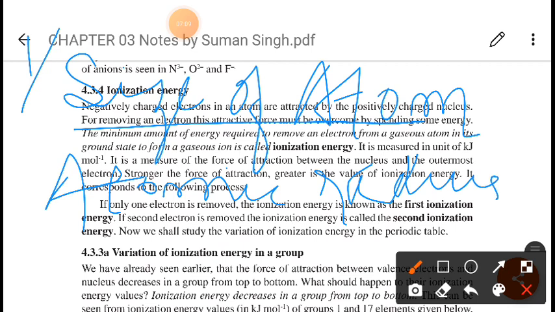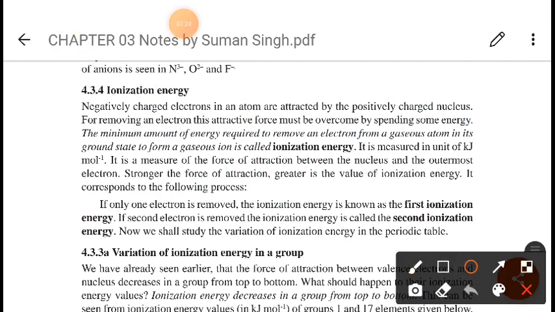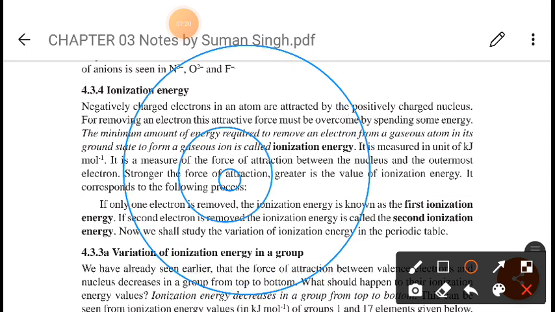Right? So in a large atom, the valence electron is far from the nucleus. Suppose here is an electron, it is very far away from the nucleus.